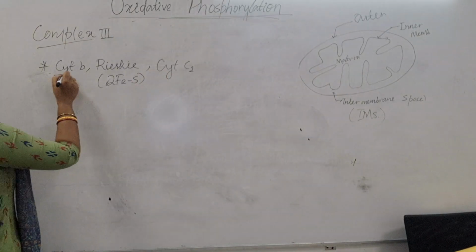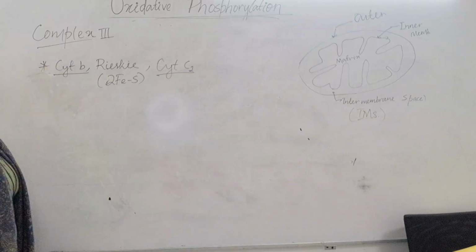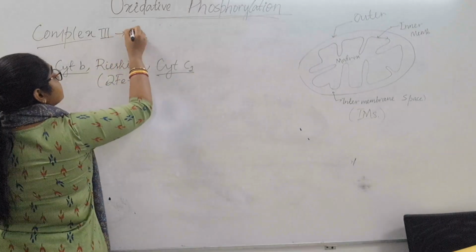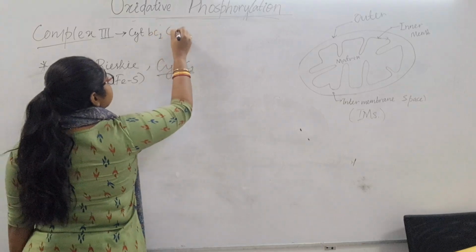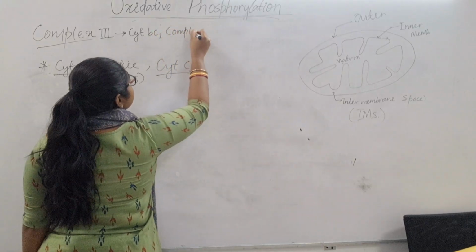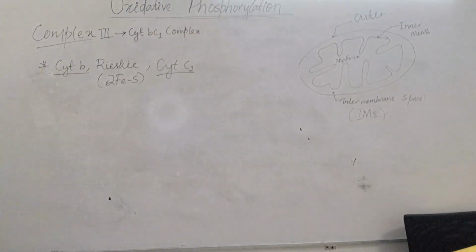As it contains cytochrome b and cytochrome c1, it is known as the cytochrome bc1 complex.